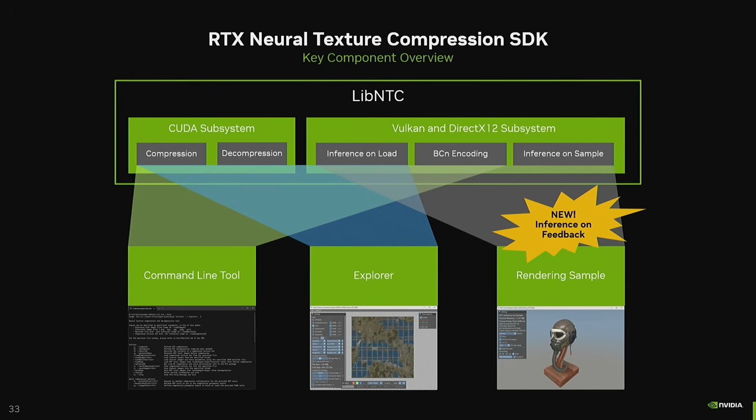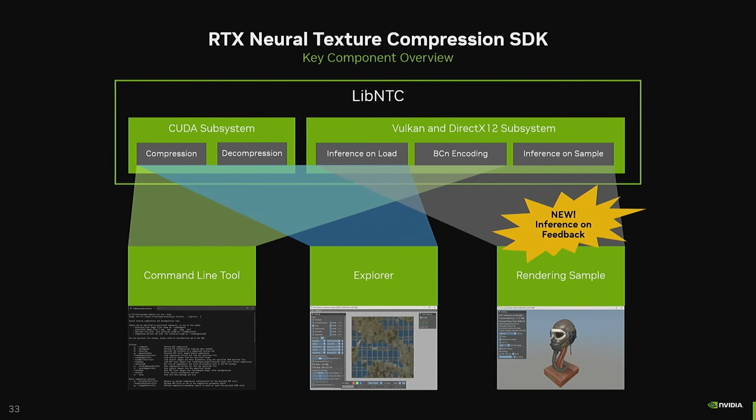It's mostly historically CUDA because when the work on the SDK has started, the cooperative vector extensions didn't exist yet. And there is a kind of runtime subsystem that works in Vulkan and DX12 that is designed for use in games and engines, that does inference on load and transcoding into BC, and also inference on sample.